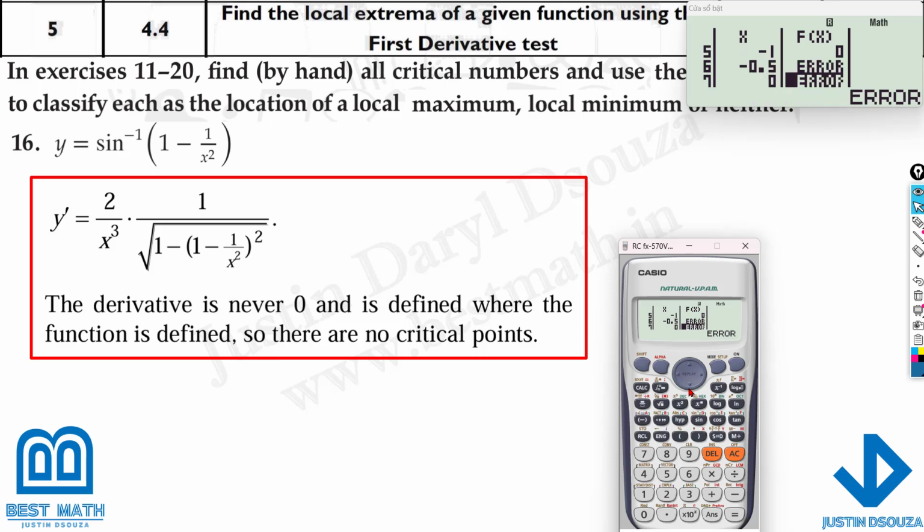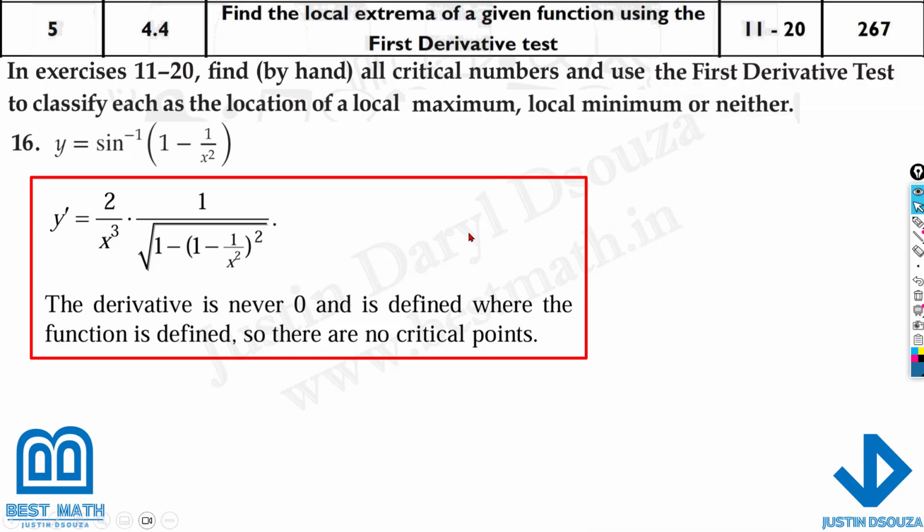What is happening here exactly? You're getting error. What does this mean if you're having error? That means this is undefined. This is not continuous, right? The derivative is never 0. It's not defined basically. So there are no critical points. There cannot be local maximum and minimum for this. We had a similar problem before as well.